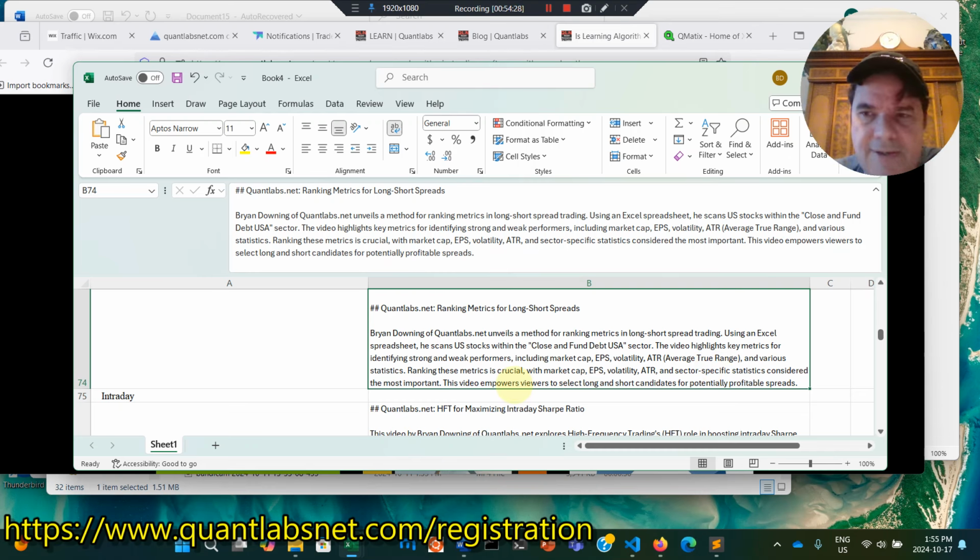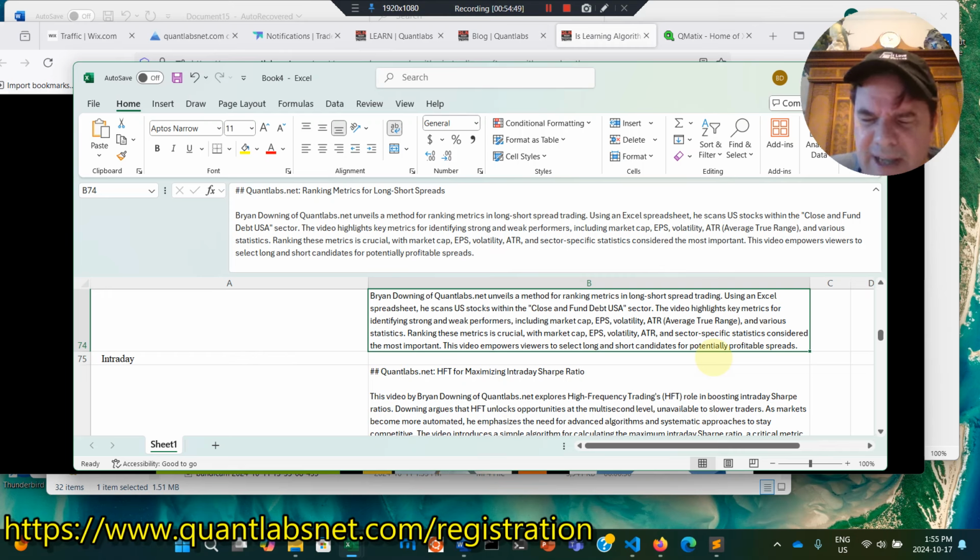So ranking this is crucial to measure things like market cap, EPS, volatility, ATR, sector specific considered the most important. You also want to look at the weakest possible shorting one as well. And guess what? That's what arbitrage is about. This empowers viewers to select long and short candidates for potentially profitable spread trading.